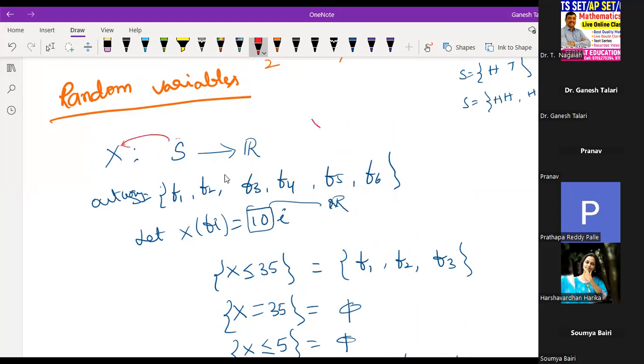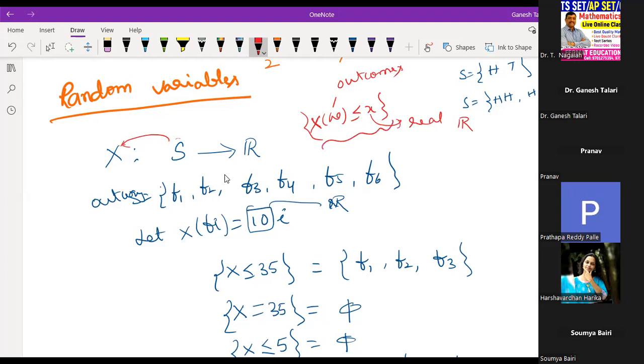I can write it simply as X of omega less than or equal to small x. Omega is the outcome. X is the representation of the random variable, and this is your real line, capital R. So I can write that a random variable is a function of outcomes which is less than or equal to a real number.